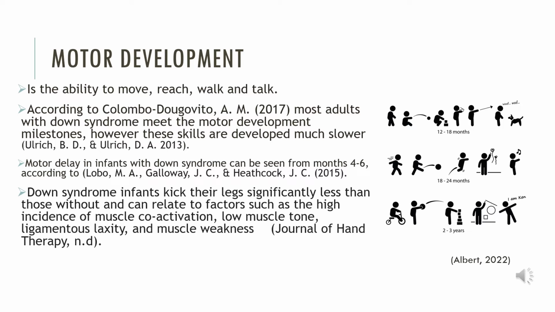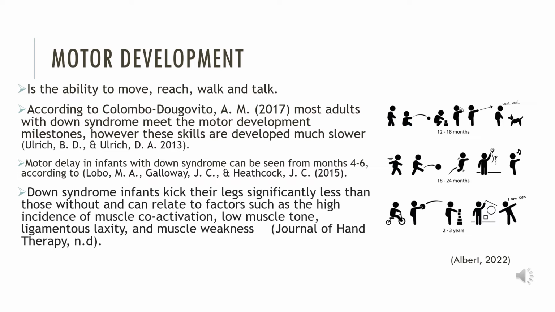Motor delay in infants with Down syndrome can be seen from months 4 to 6, according to Lobo, Galloway, and Heathcock 2015, Characterization and intervention for upper extremity exploration and reaching behaviors in infancy.